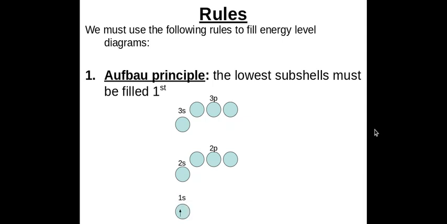If we use an arrow to represent one of the spins, we can put one electron in the lowest energy level, which would be principal quantum number 1 in shape S. If we have two electrons, we can put it in that same orientation, same shape, same energy level, but it has to have a different spin.